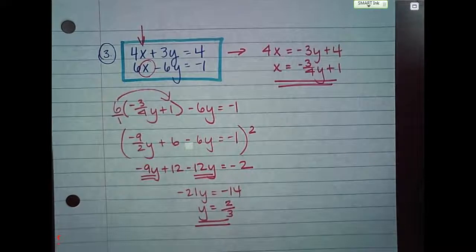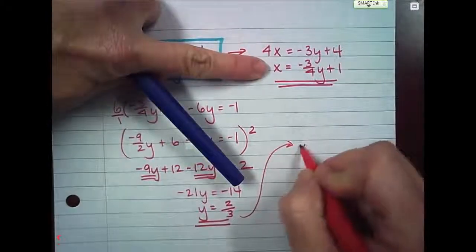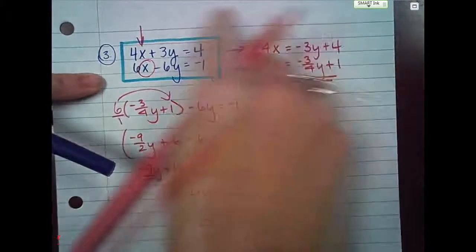This is the reason. Look at the answer. What is it? 2/3. This is why you can't always solve them by graphing, right? Okay, 2/3 would be very hard to find the answer on the graph, wouldn't it? Now then, I have half my answer. So I'm going to take this part and plug it back in. So I know x equals, and you can plug it in anywhere you want.